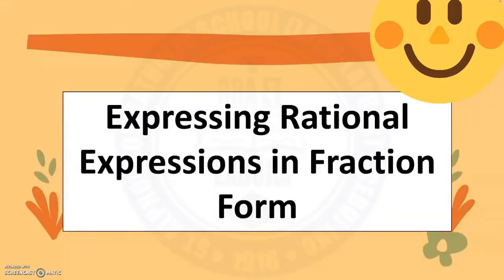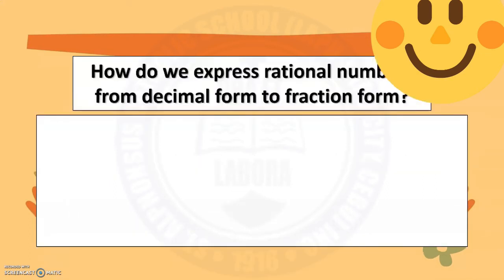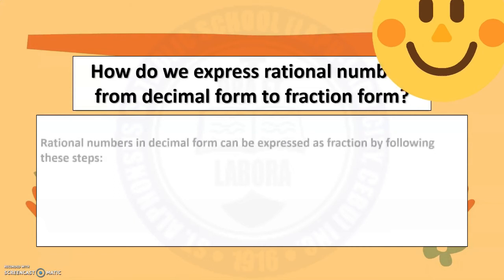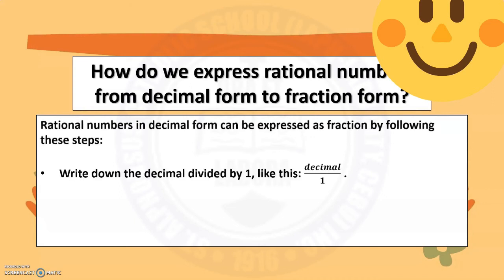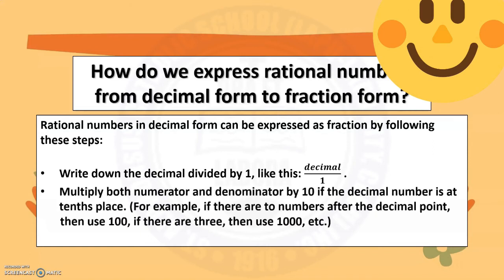This time, let's learn how to express rational numbers in decimal form to fraction form. Here are the steps in expressing rational numbers from decimal to fraction form. Step 1. Write down the decimal divided by 1, like this, decimal over 1. Step 2.